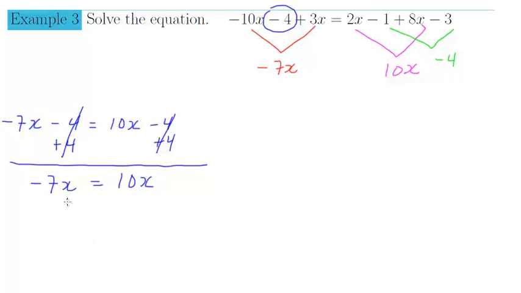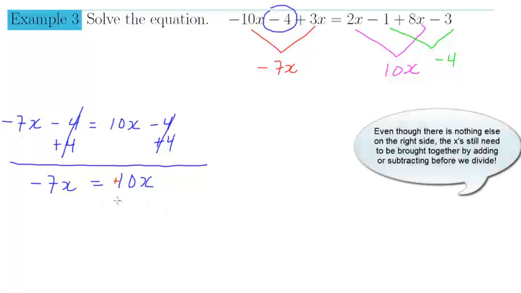At this point in our solution, we still have x's on both sides. We need to collect those and get those both on the same side. So I'm going to go ahead and move my 10x over to the left side. Again, this is a positive 10x right here. And I'm trying to move it over to the other side, so I'm going to apply my reverse operation.